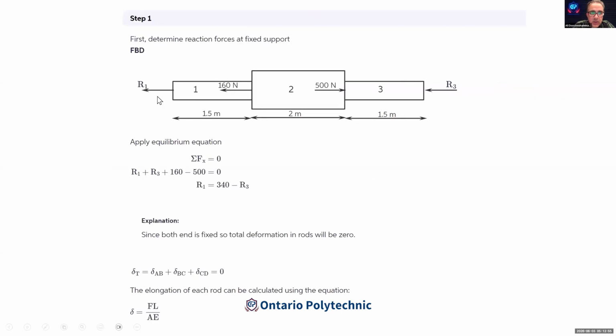So a quick note, we have R1 as negative, but as you see here in this equation, R1 plus R3 plus 160 equals 500, right? So it means that these three, R1, R3, and 160 are assumed to be in a different direction compared to 500.